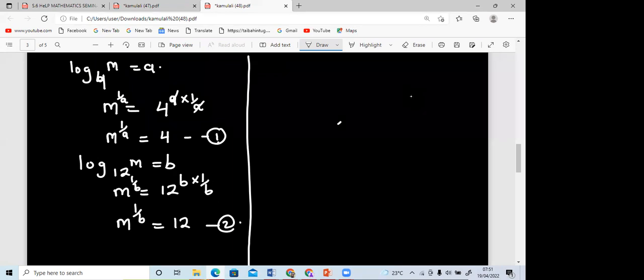So when I look at 1 and 2, I am noticing that when I multiply the two equations, I'm going to get 48 somewhere. So I'm going to multiply 1 and 2. When I multiply, I have m^(1/a) times m^(1/b) equaling 4 times 12. Are we together on that step? Yes, teacher. Okay.